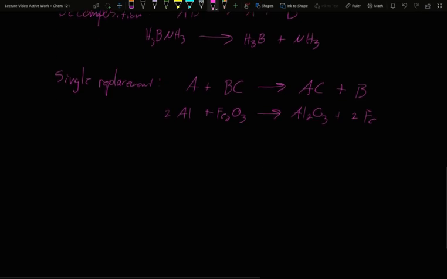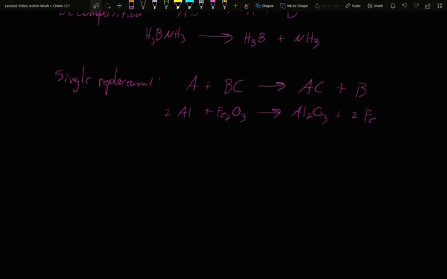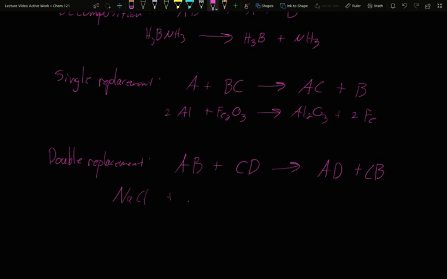Well, if you can have a single replacement, why bother specifying it if you don't need to? So there must be double replacement. AB plus CD will become AD plus CB. And so you can swap both components. Examples for this would be things like NaCl plus AgNO3.